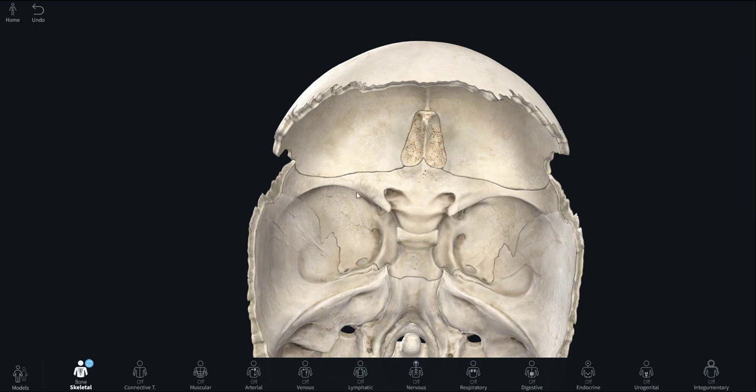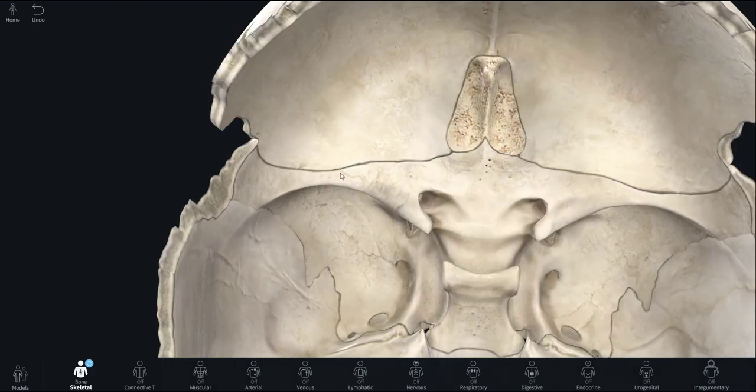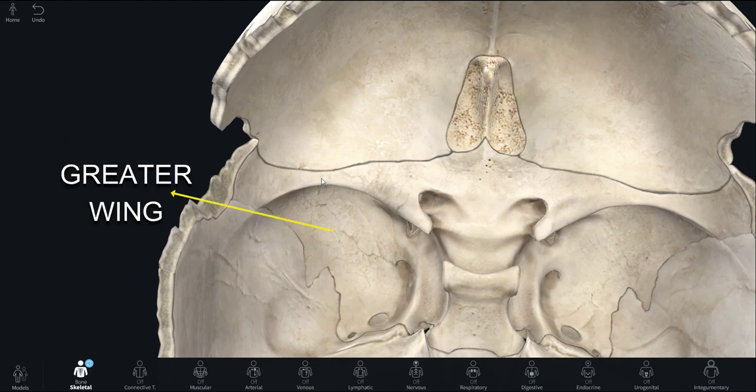But more precisely, what is the structure of the sphenoid bone articulating with the posterior margin? We have talked about it. This is the horizontal lesser wing. Yes, very good. This over here is a greater wing, and this horizontal structure is a lesser wing.